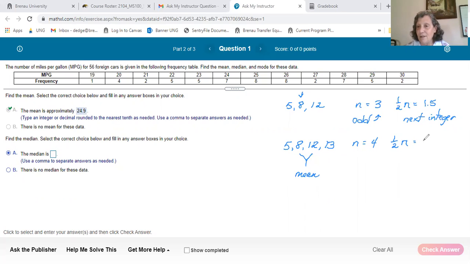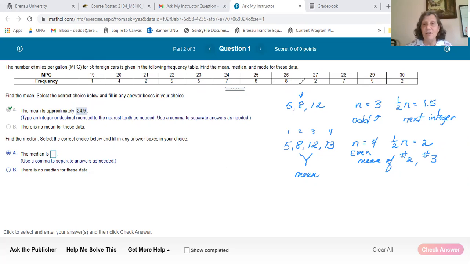In this case, half of n would be 2. And then you want to get the mean of the one in position 2 and the data element in position 3. This is first, second, third, fourth. So the second one is not actually in the middle. In the middle would be halfway between the middle 2, where you have an even number of data elements.